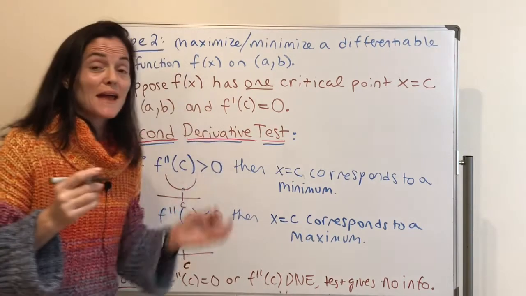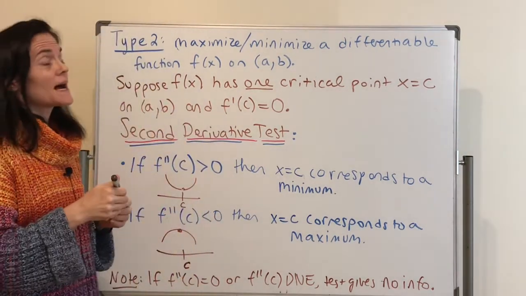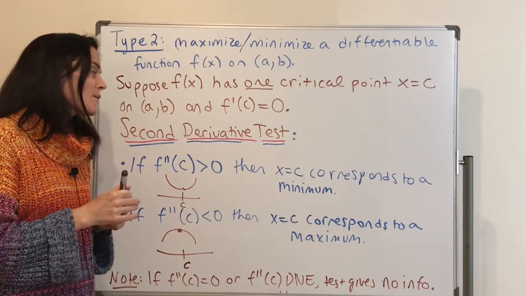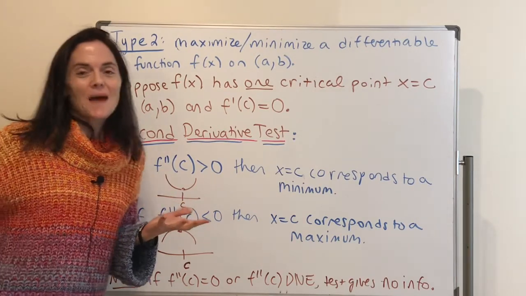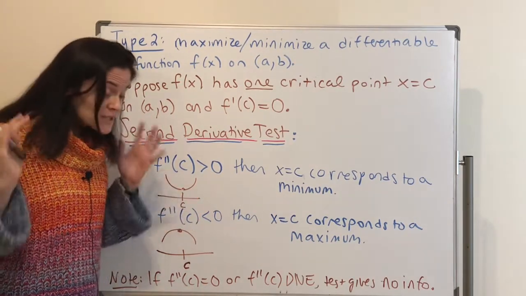Maybe you have a local max, maybe you have a local min, but you'll never know it with a second derivative test. What you would have to do is go back and work with the first derivative test.